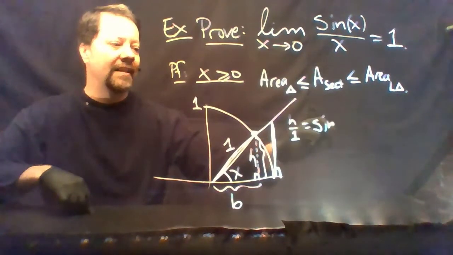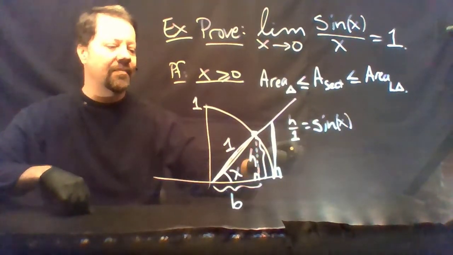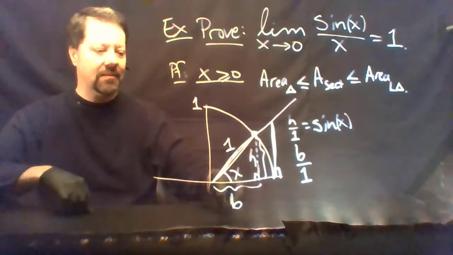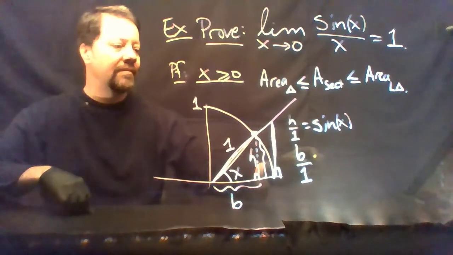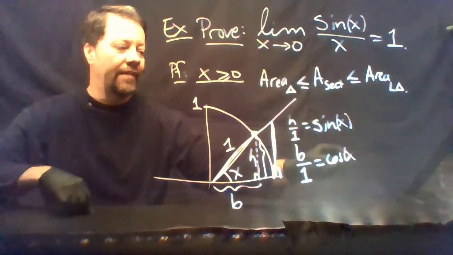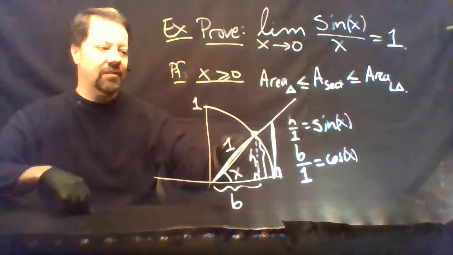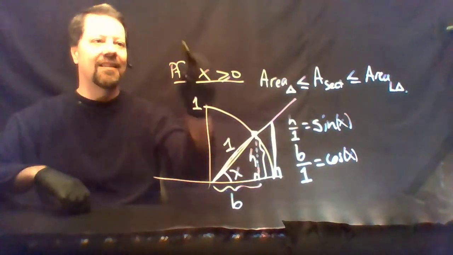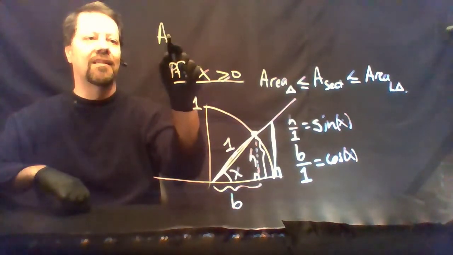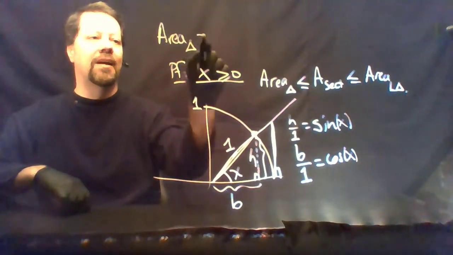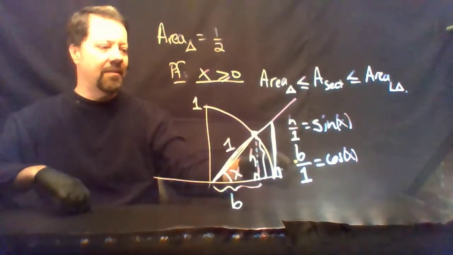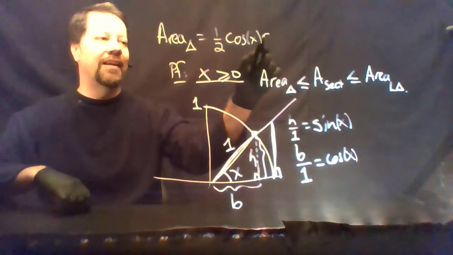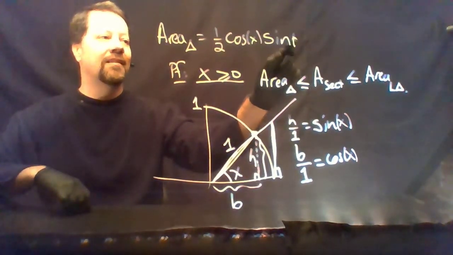It must in fact be sine of x. Also, base divided by 1 is cosine of x. It is adjacent over hypotenuse. It follows then that the area of the small triangle is 1/2 base times height, 1/2 cosine of x times sine of x.